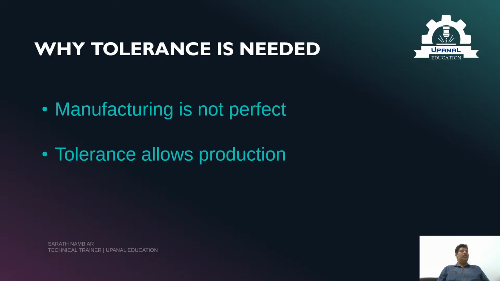The work time will go to waste. Whatever effort they have put in will go to waste. The production would stop. So tolerance is not a mistake. It is a planned and controlled variation that makes manufacturing possible.